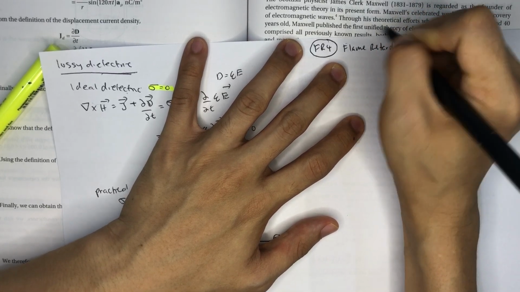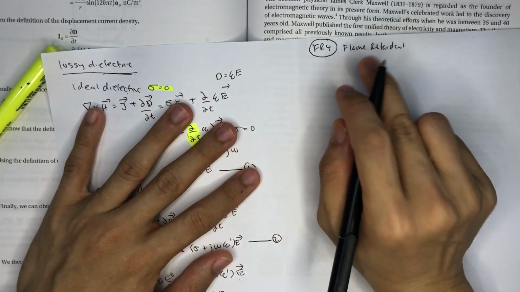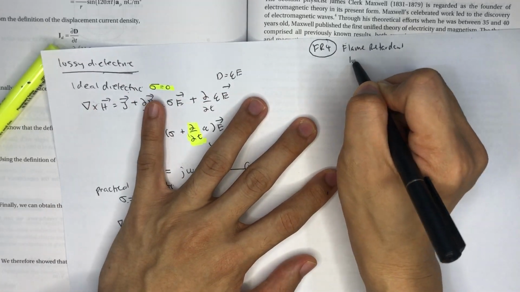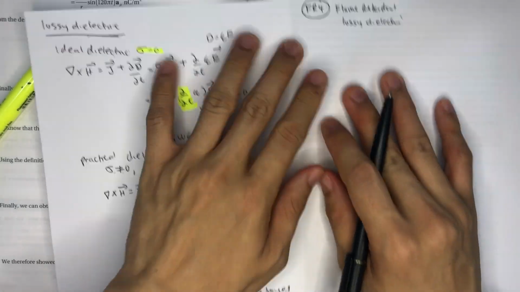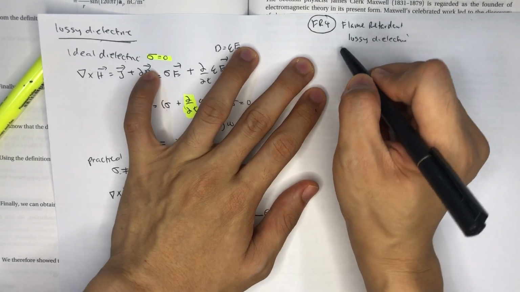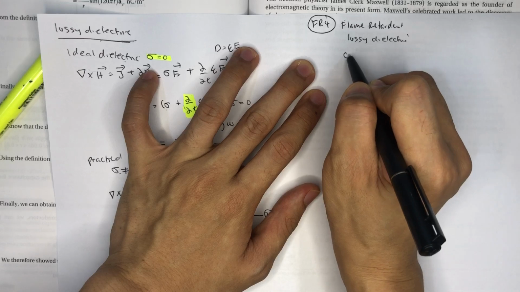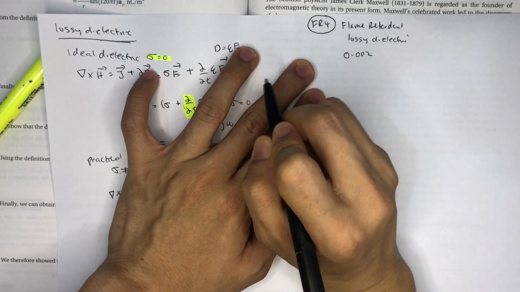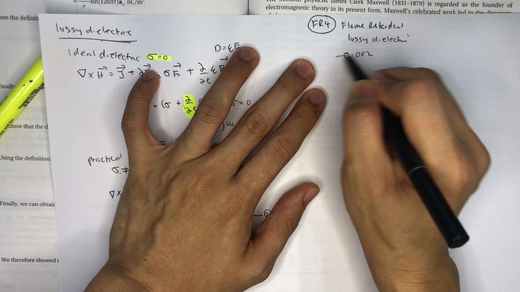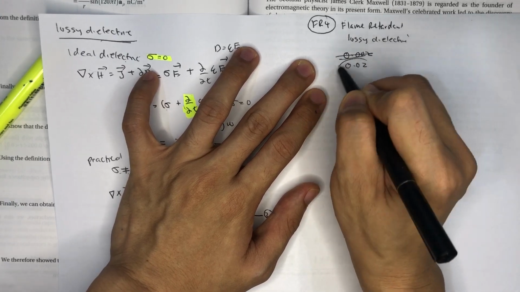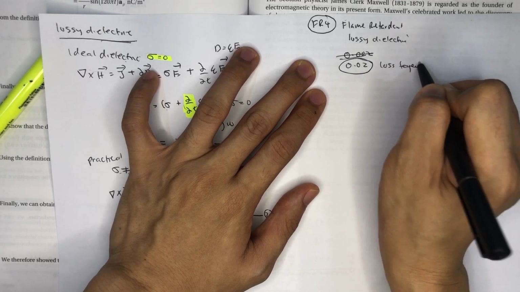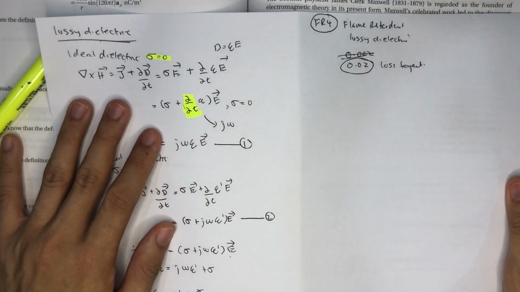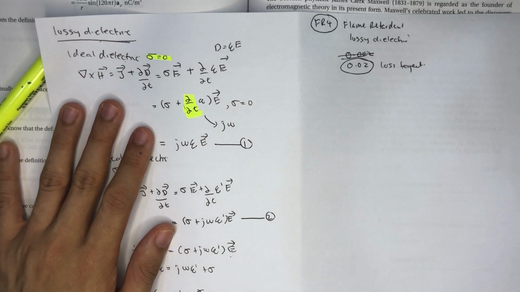It is a lossy dielectric in the practical world, so it has its own loss tangent. The loss tangent for FR4 is around 0.02. The bigger the number, the lossier the material is.